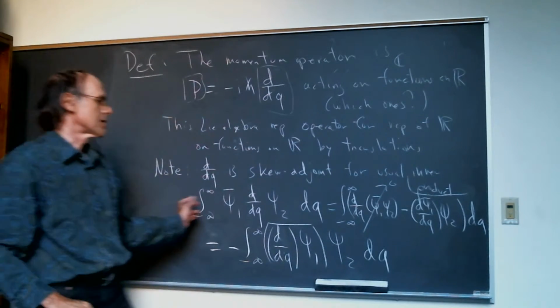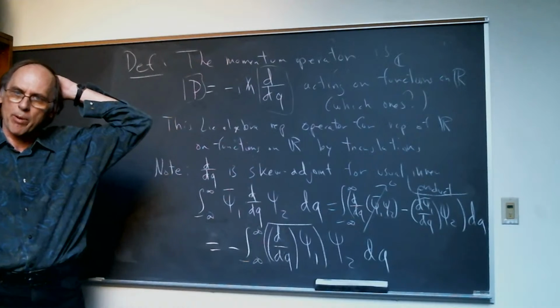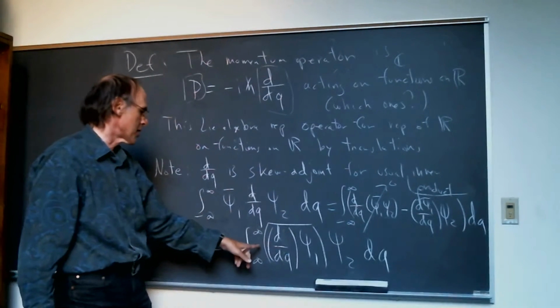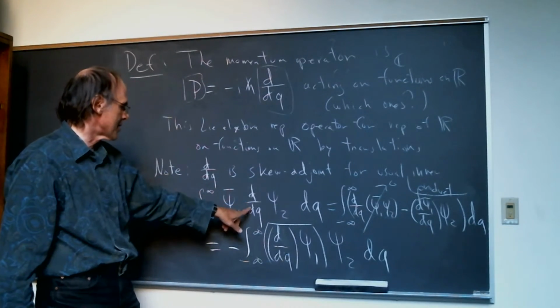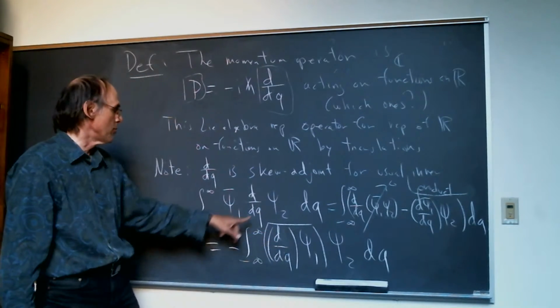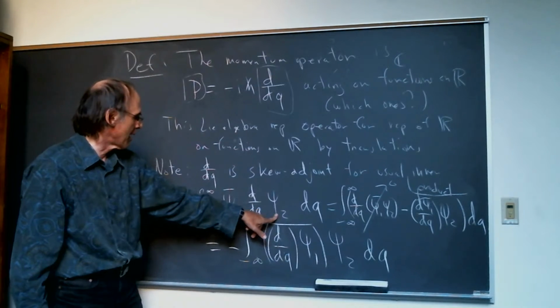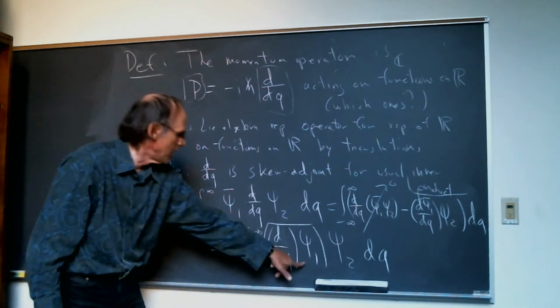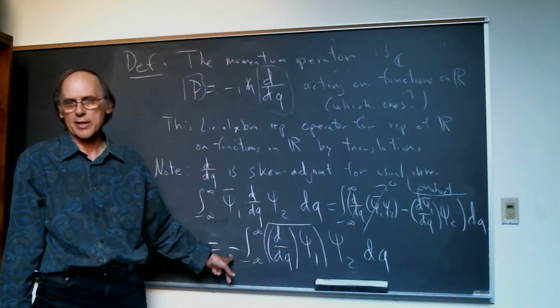Okay, so this is just a very simple, standard integration by parts calculation. It says that the operator d/dq is skew adjoint. If you move it from operating on this guy to operating on this side, it's the same thing but with a minus sign.